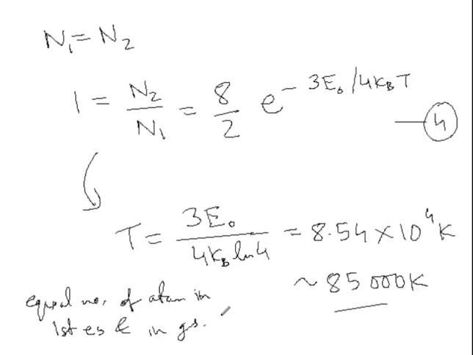However, when we compare with the observations, we find that the maximum intensity of hydrogen lines coming from absorption in the first excited state comes at about 9,500 Kelvin.